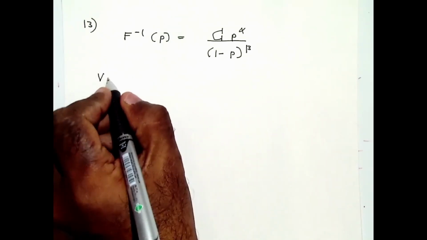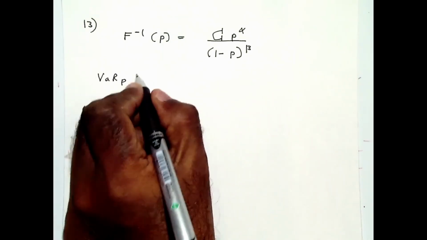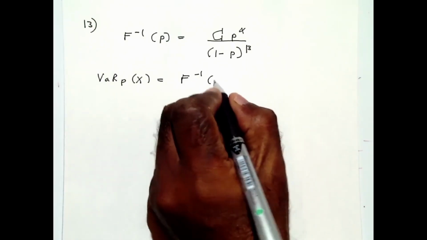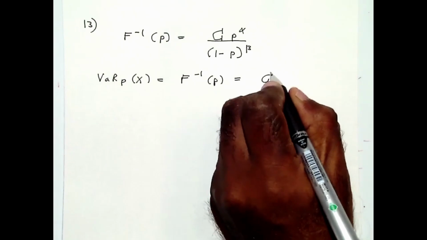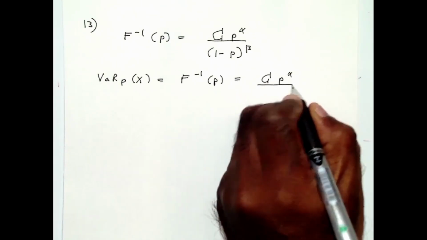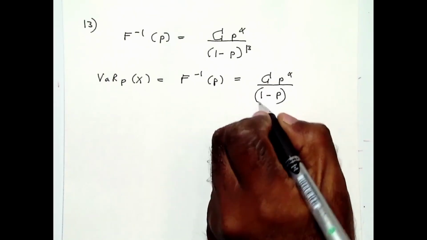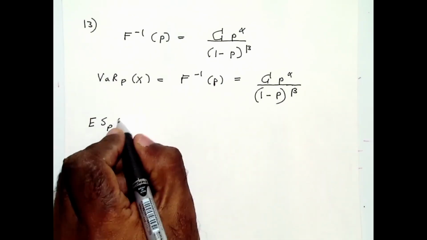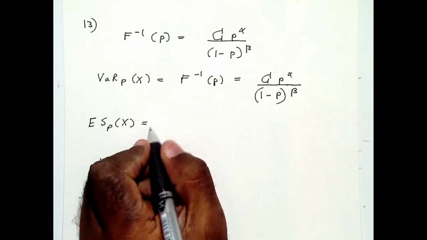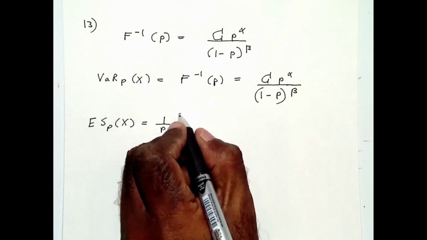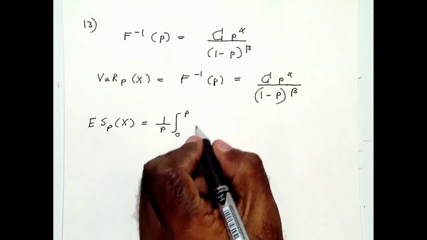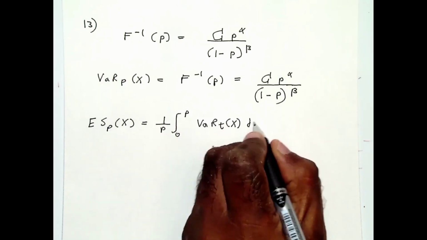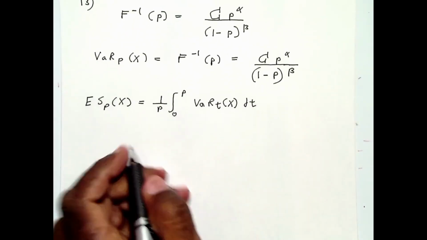Once again the expression for VaR is the same as the quantile function by definition, and the same as what is given to us in the question. So all we need to find is the expected shortfall.